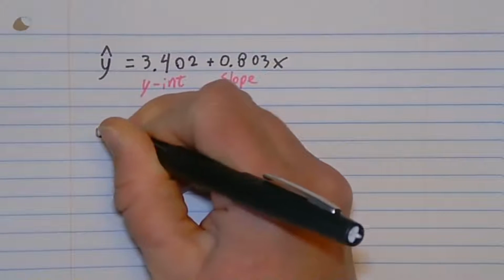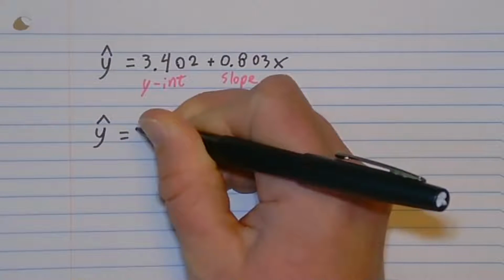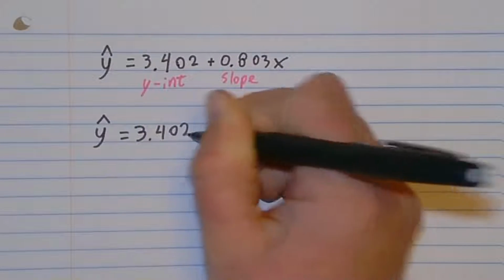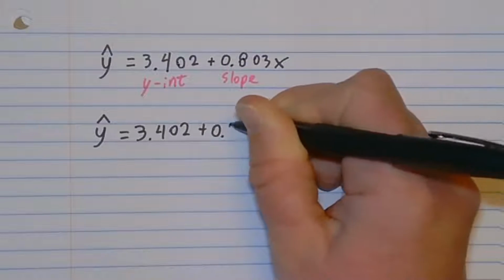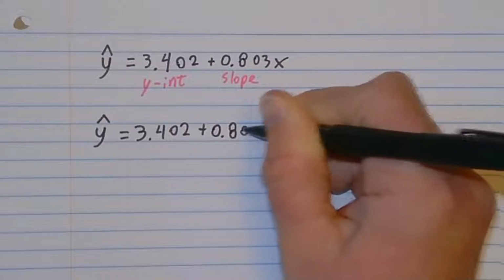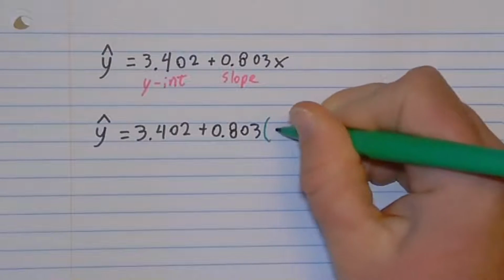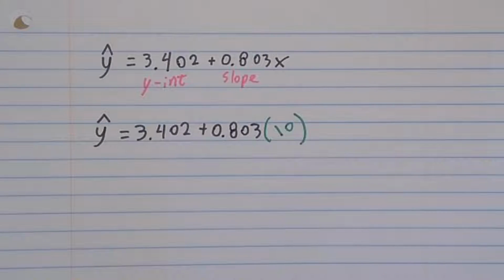So to figure that out, I want to know what is our prediction. The y-intercept isn't going to change. The slope isn't going to change. But now I need to plug in 10 for my x. So my x became 10.